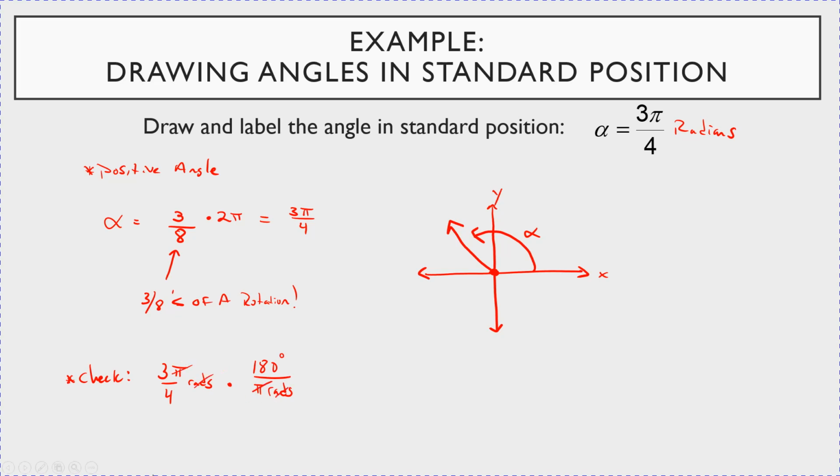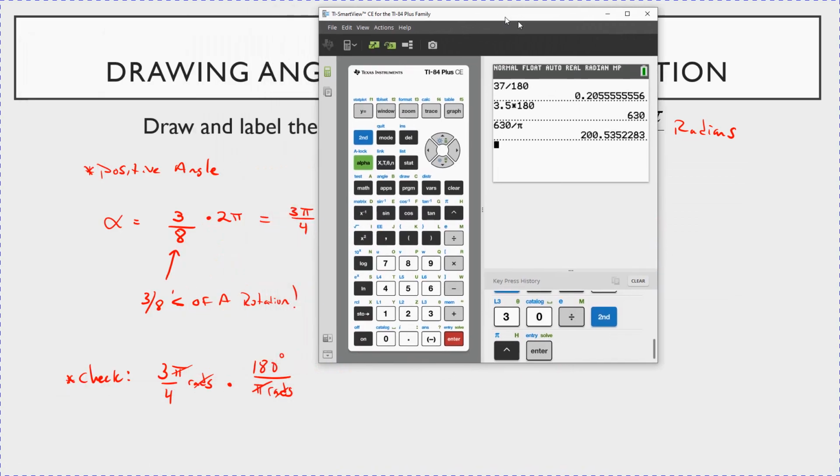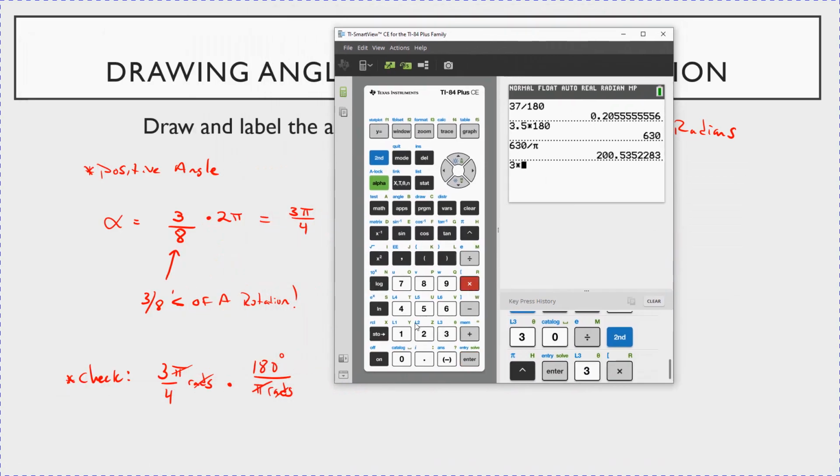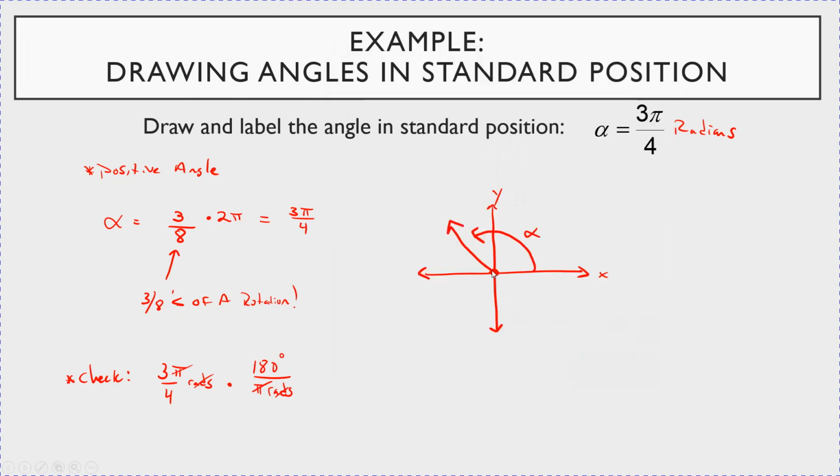So take 3 times 180 divided by 4. And this is a 135 degree angle, which falls right between 90 and 180. So this is another way to do it.